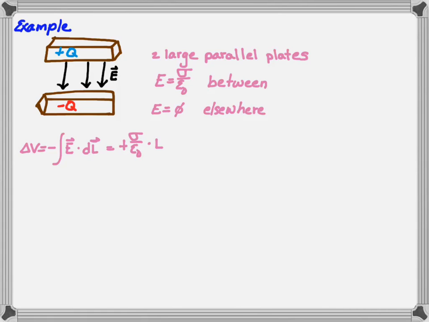So my potential is going to be related to the negative of the electric field, which is going to be equal to plus sigma over epsilon naught times L, where sigma is simply Q over A, charge per area. So the potential difference is going to be Q over A times L over epsilon for my two parallel plates.